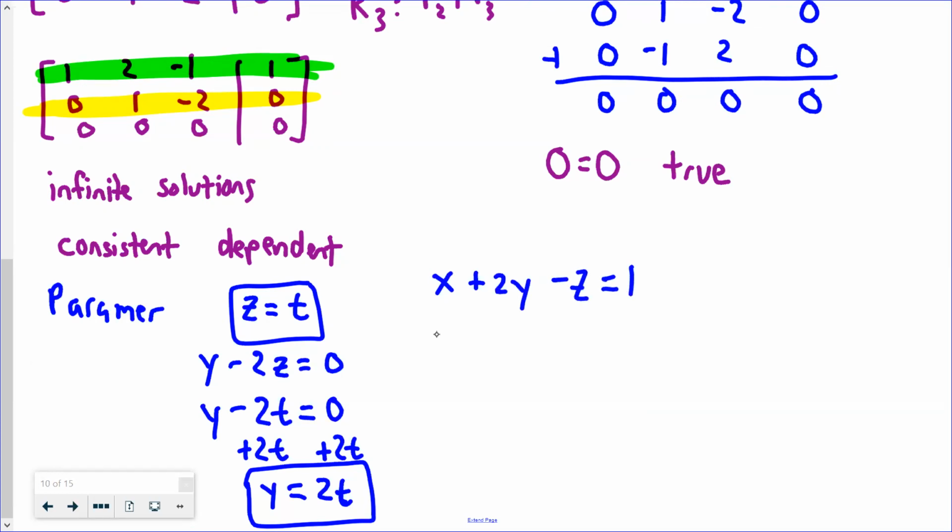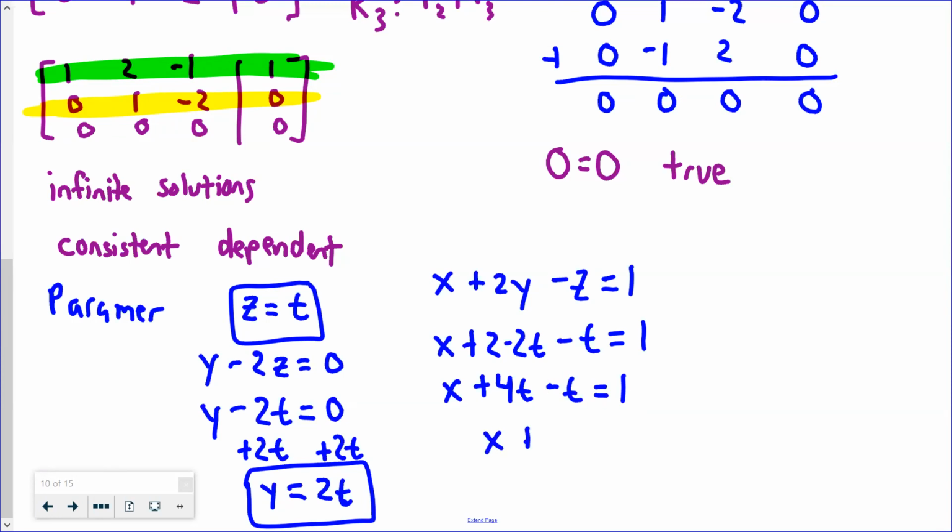But since y is 2t, we're going to write that as x plus 2 times 2t minus z, which is just plain old t, is equal to 1. All right, let's simplify that. That's x plus 4t minus t is equal to 1. 4t minus t is just 3t, so that's x plus 3t is equal to 1. So I'm just going to subtract that 3t on both sides to solve for x. So x is 1 minus 3t.